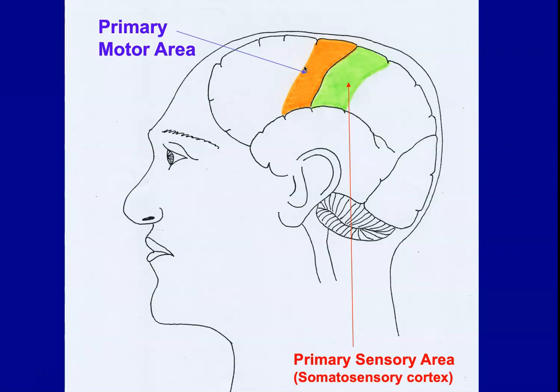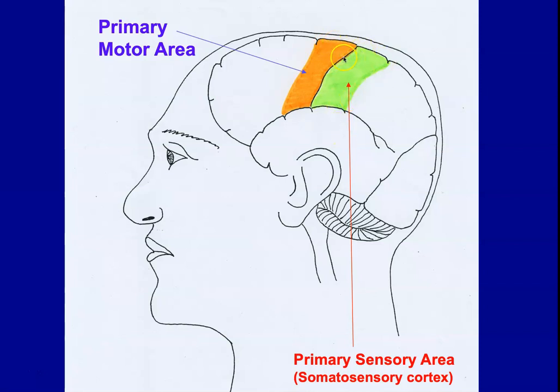So when you move your right hand, that's actually the primary motor area or primary motor strip being activated on the left side. So when you move pretty much anything on your right side of your body, it is actually the left primary motor area that's doing that. And it's organized in a very organized fashion with the different body parts. I'll show you an image of the sensory one on the next slide or so.